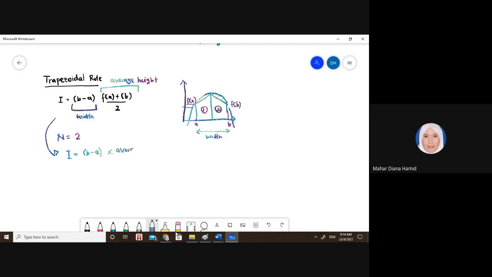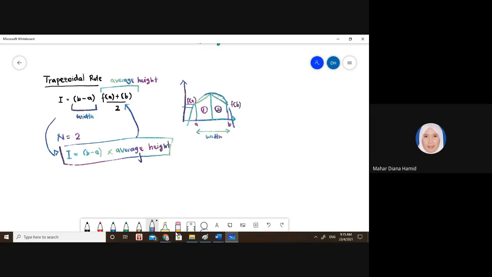So this is the generic equation for all Newton-Cotes formulas. All Newton-Cotes formulas will follow this generic equation. The only difference between the Newton-Cotes formulas would be how you calculate the average height. For example, for the trapezoid rule, the average height is actually this. So this is for the trapezoid rule.